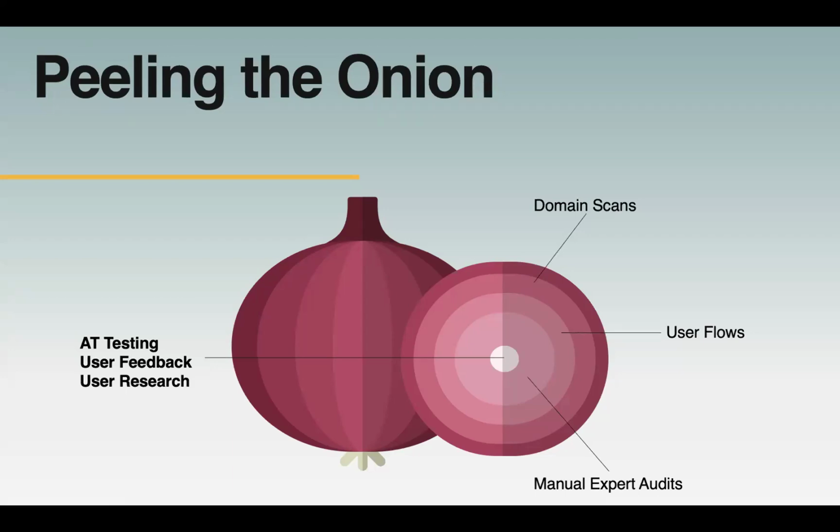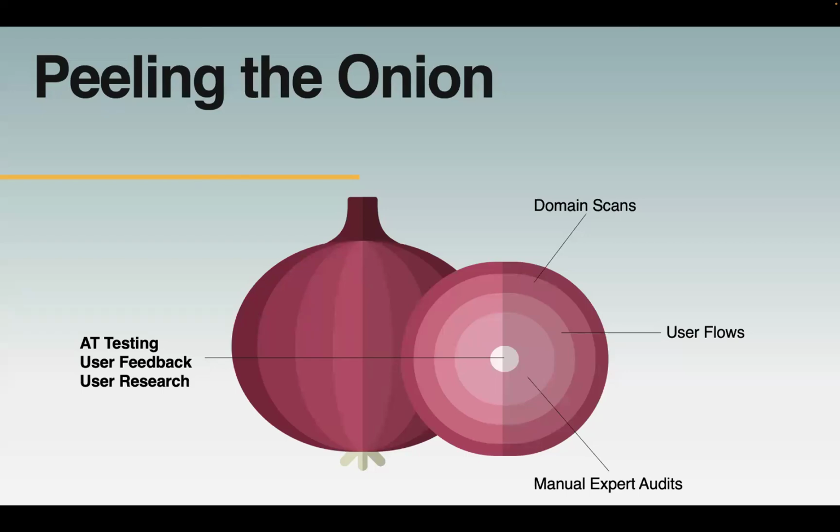But we may well use user flows as a basis for that. So we may select a particular user journey, such as that booking flow, and test along that journey. Again, we can be very task-based. We can identify the key tasks we want to make sure are absolutely accessible from the get-go.